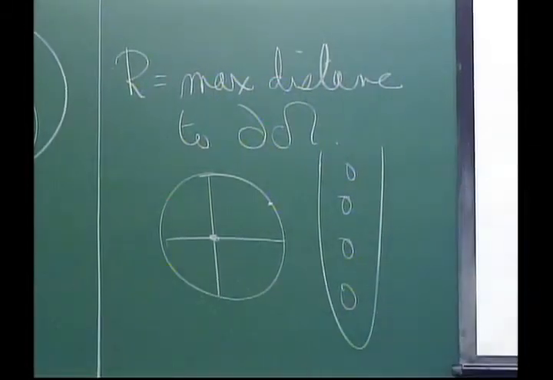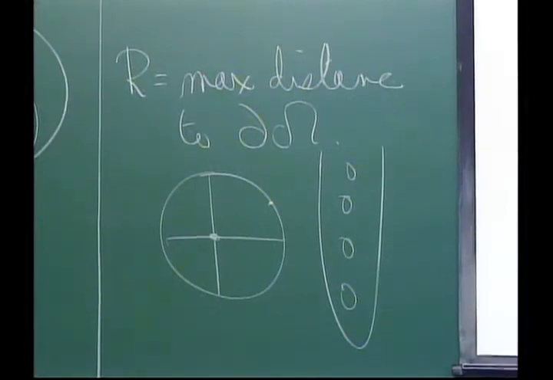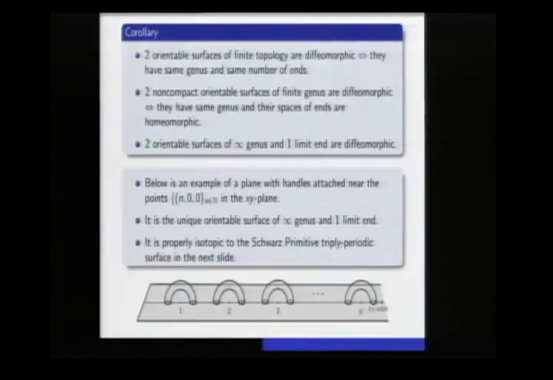So I have a disk, a bigger disk, and sort of intersect this with balls of integer radii, or integer and a half radii, based over here. That precisely is one of these simple decompositions. Okay, and so you have one end and infinite genus.